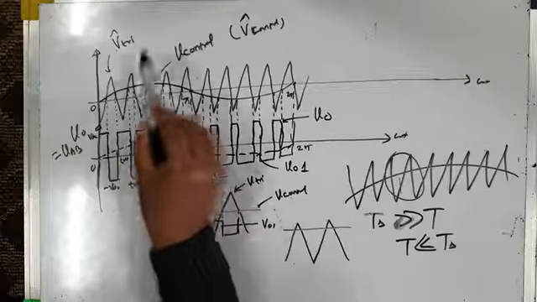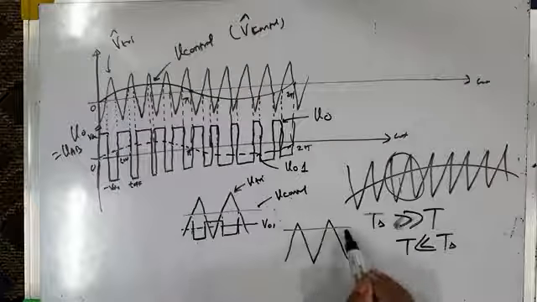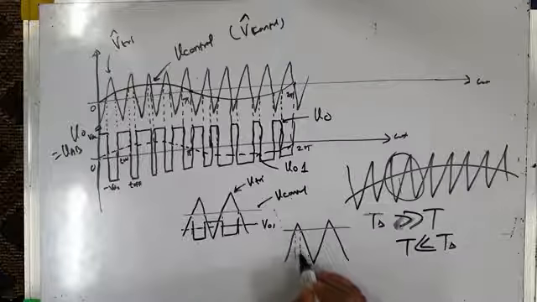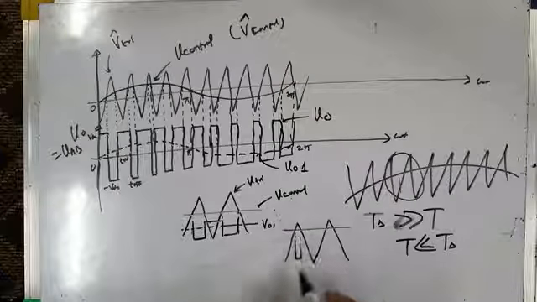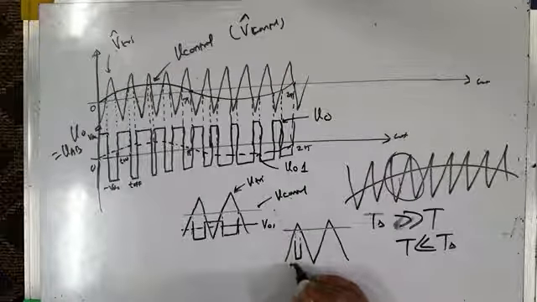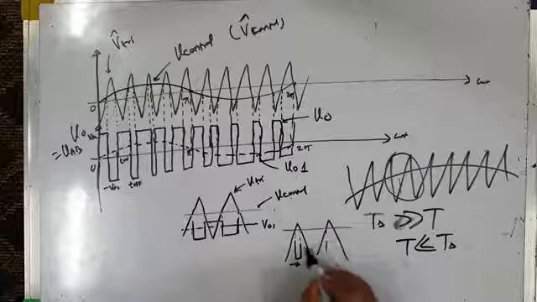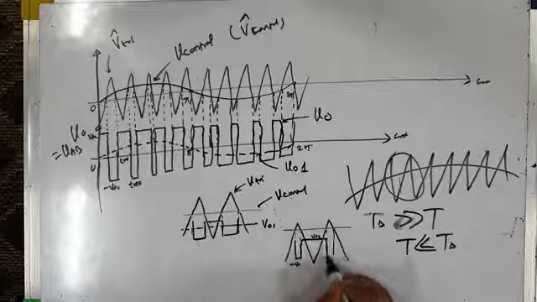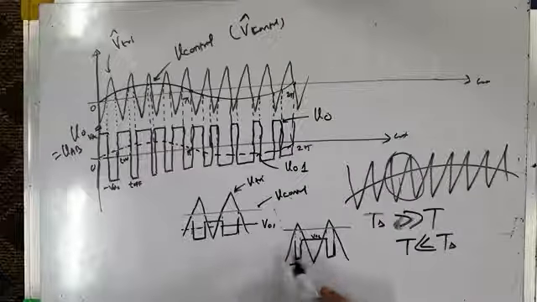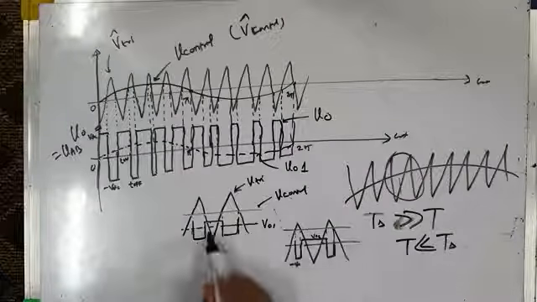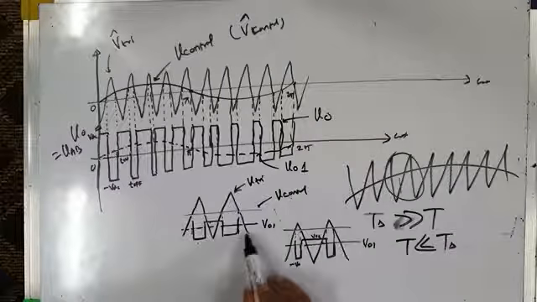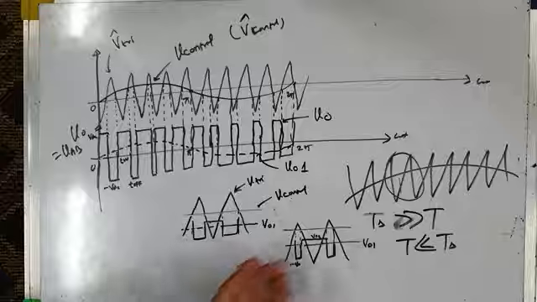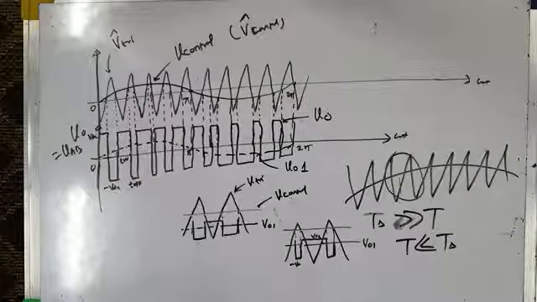Near the peak the reference sine wave increases. Let us suppose this is the reference sine wave. Now see what the inverter output voltage will be. It will be minus VDC for this period, and it will be plus VDC for a longer period, then minus VDC for a small period. When you calculate its average value, it will be higher. This will be V01 higher. This has a small average value, this has a higher average value, and it increases in a sinusoidal manner.